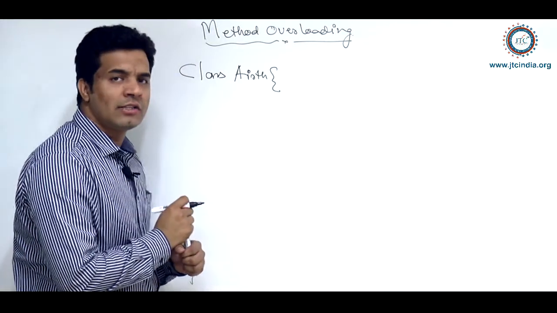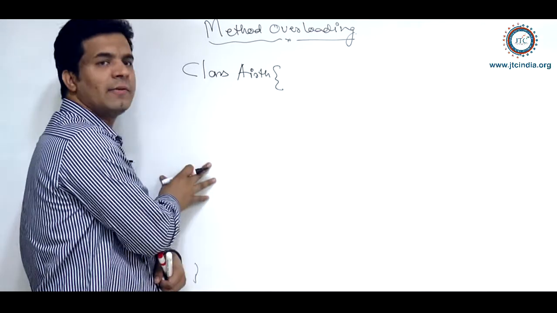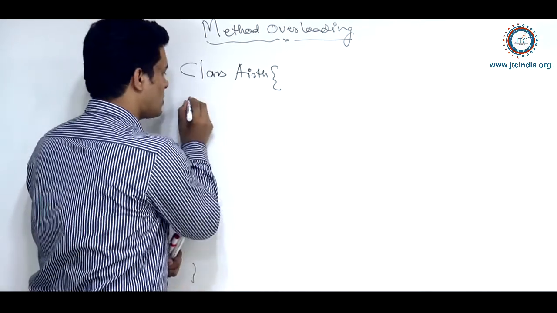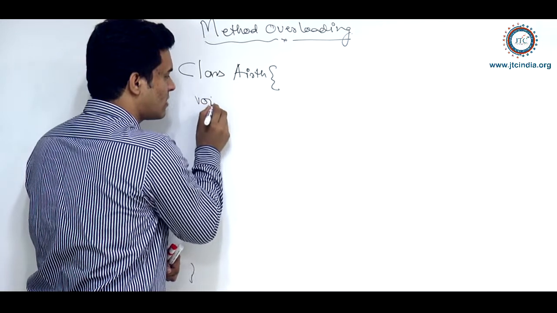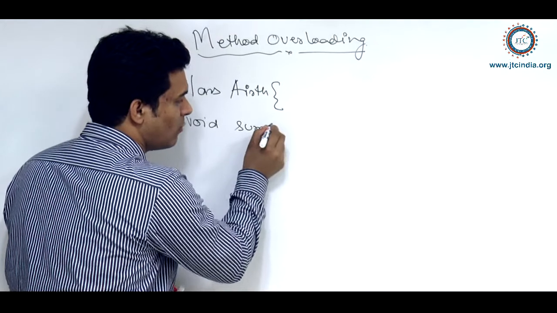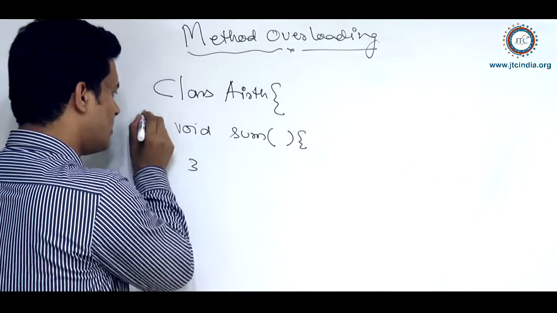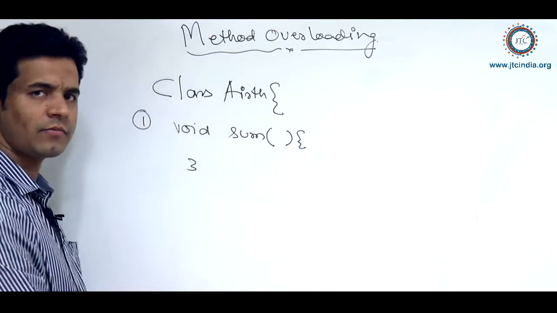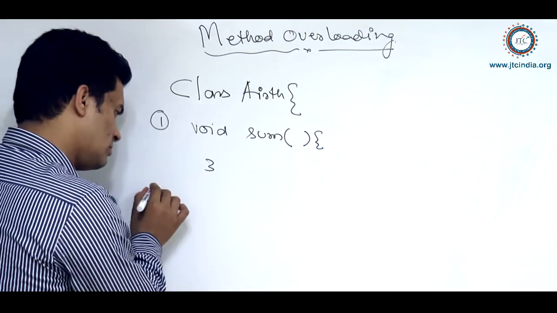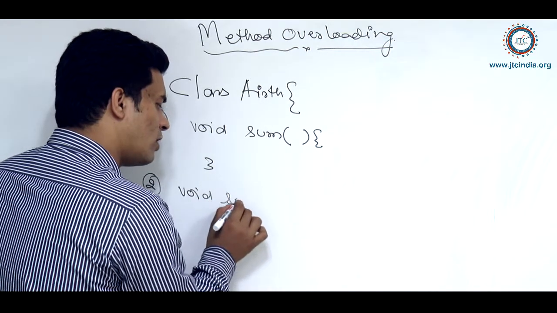Inside this class, as I told, we are writing more than one method with the same name. Suppose I write void sum, one method, and then a second method, again void sum.